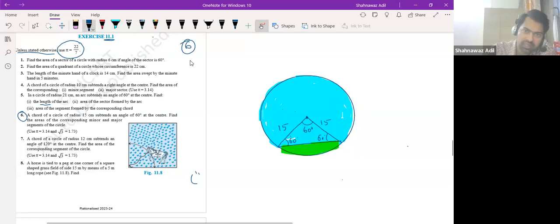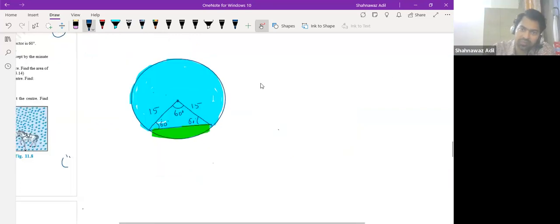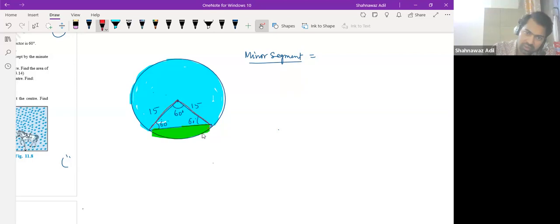So first, let us calculate the minor. Right? So minor segment, that would be how much? That would be this sector, and minus this triangle.